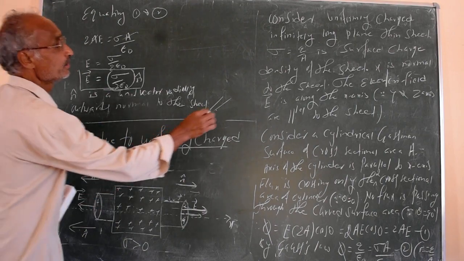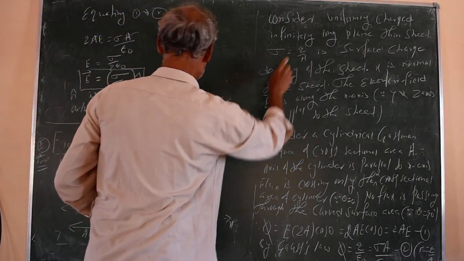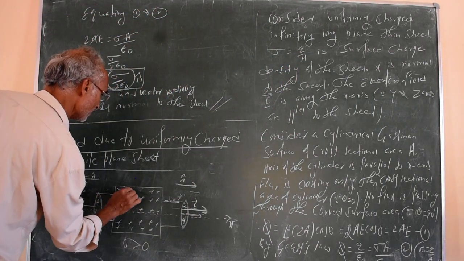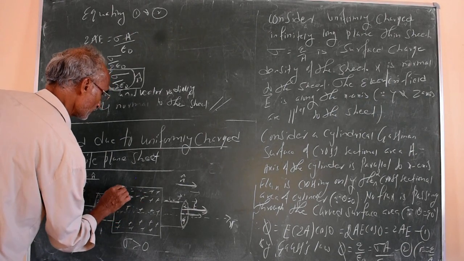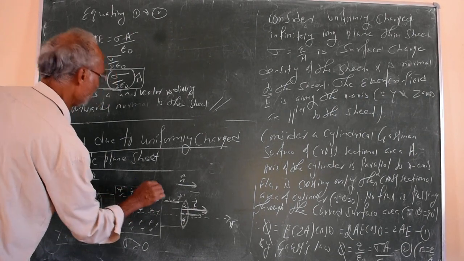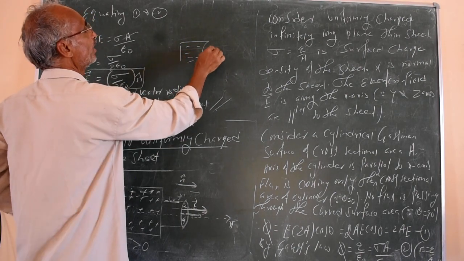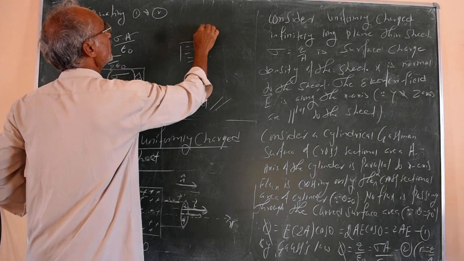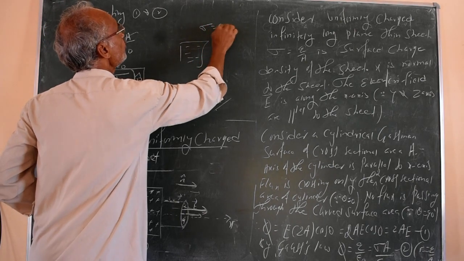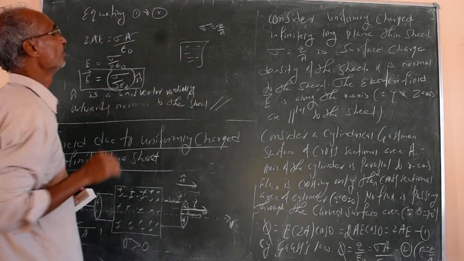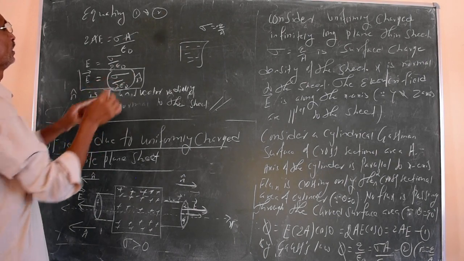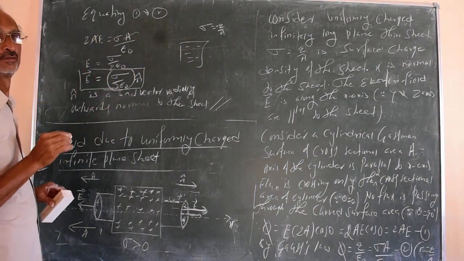If the charge is negative, say the sheet is negatively charged, then automatically sigma is negative. Sigma is equal to Q by A. Q is negative. Therefore, sigma is negative. The negative sign shifted to here.